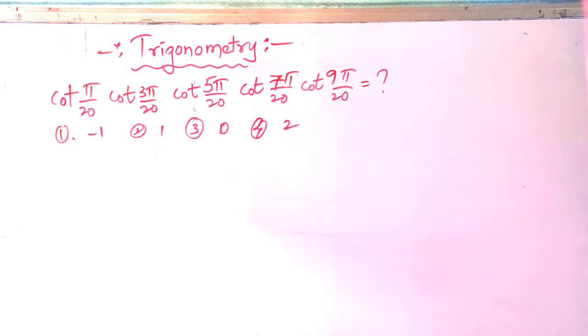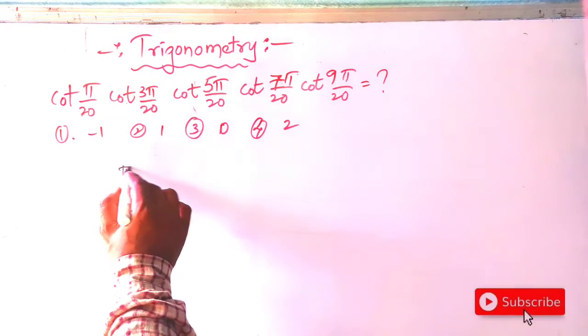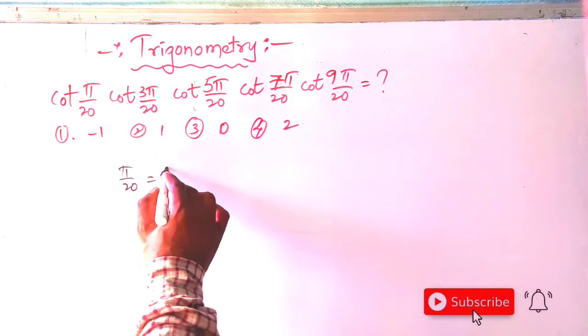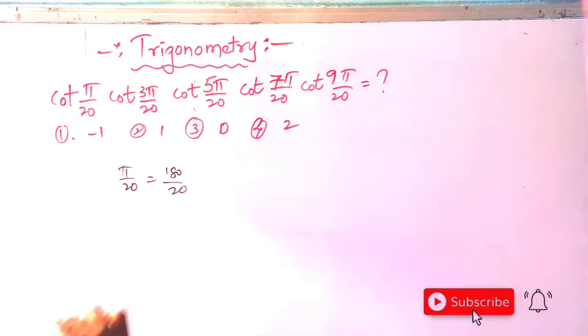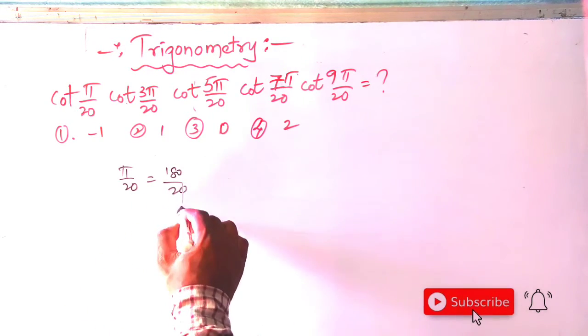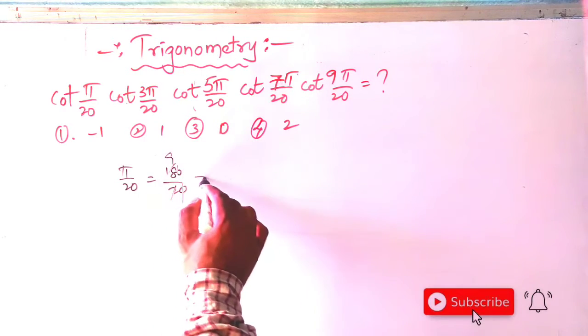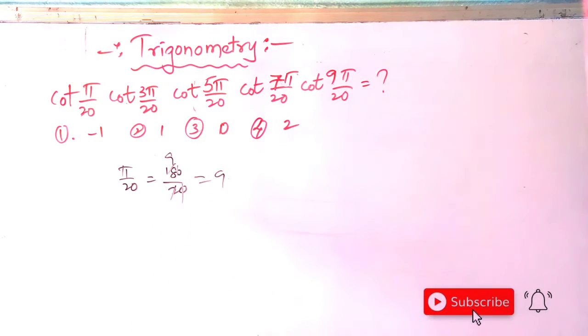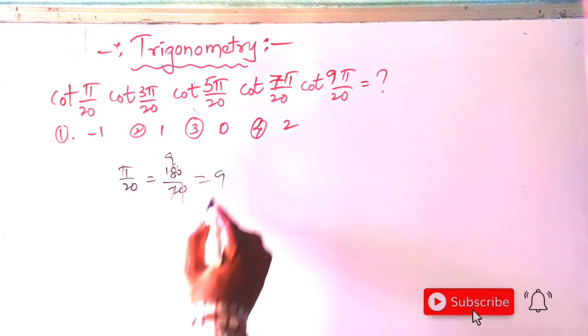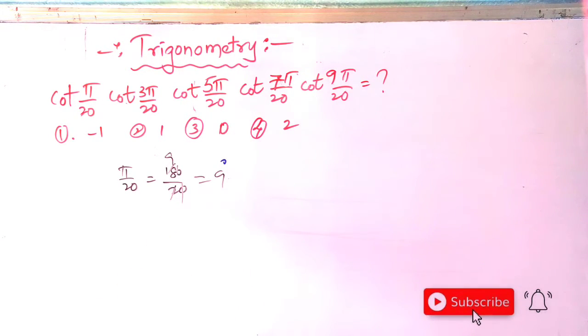See here, pi by 20 is nothing but 180 by 20, so that means we get 9 degrees. 9 degrees. So observe this one here.